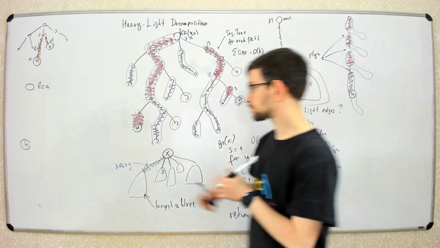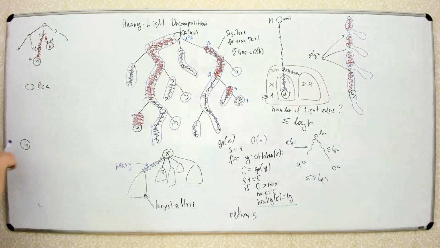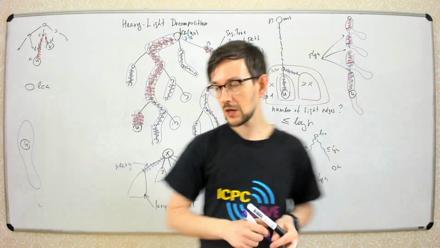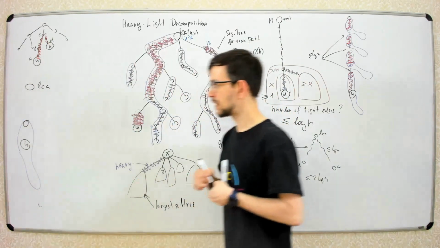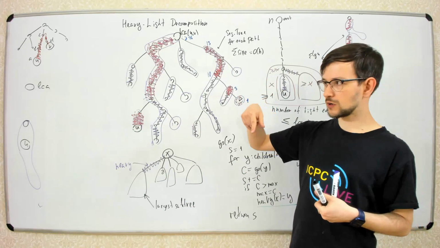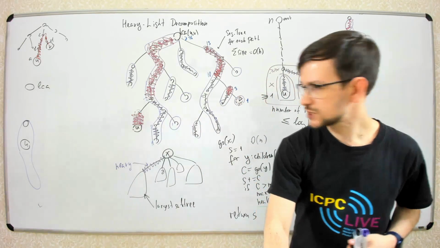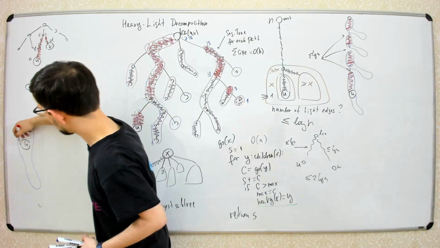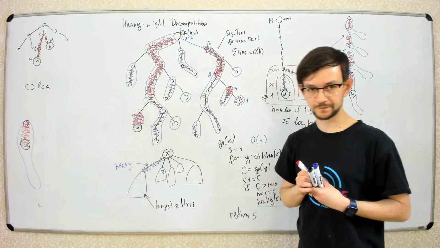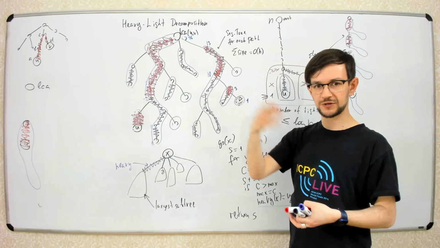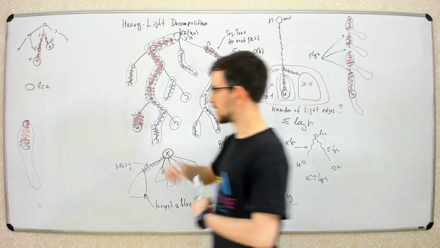Let's go. So we take this node U. This node U belongs to some heavy path. Let's take the top node of this heavy path. If this node is below the LCA, then we just take the whole segment of this heavy path from here to here, add this sum to the result, and then move here.